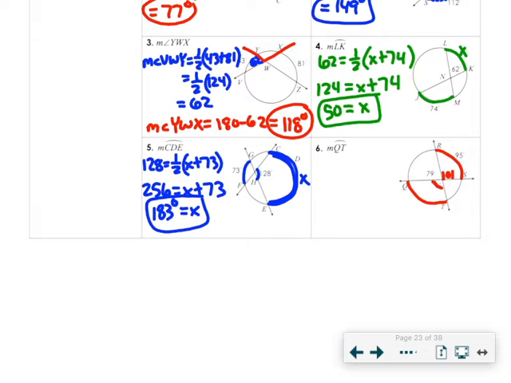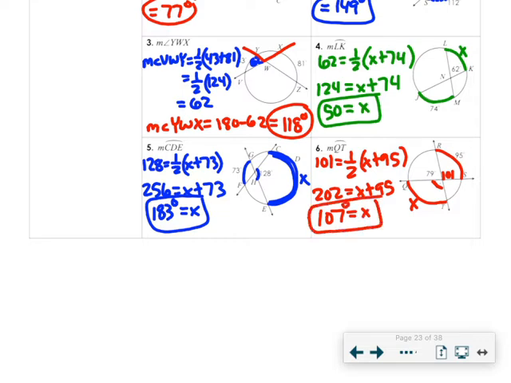So we know that's 101. 101 is equal to 1/2 of, so this is my X this time, X plus 95. Double both sides and get 202. This is equal to X plus 95, and subtract 95 from both sides. You'll get that 107 is equal to X, 107 degrees.